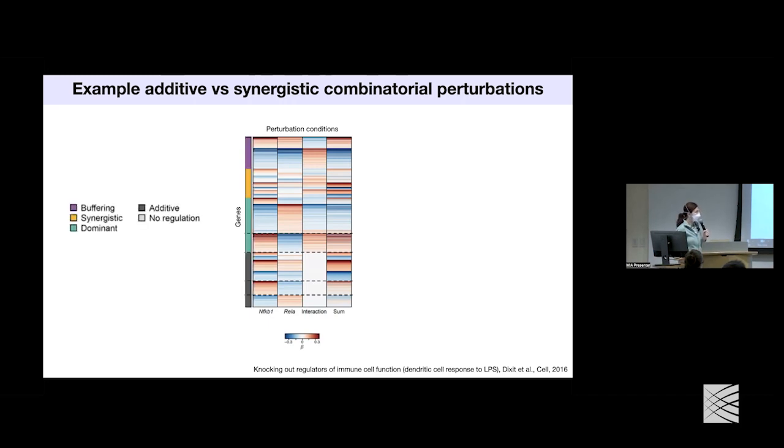But there are other genes, on top, of different varieties, where the outcome of perturbing both genes is quite distinct from what you would expect if they had independent effects. For example, here, these genes go down upon NF-kappa B1 perturbation, they go up in RELA, and then in the interaction they go down even more than you would expect from adding these two together.